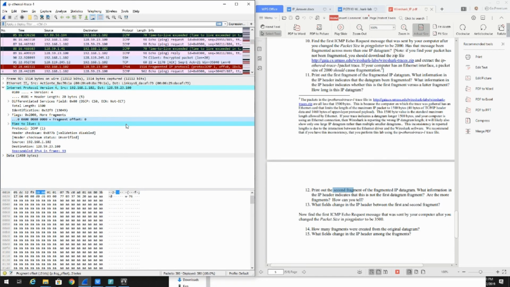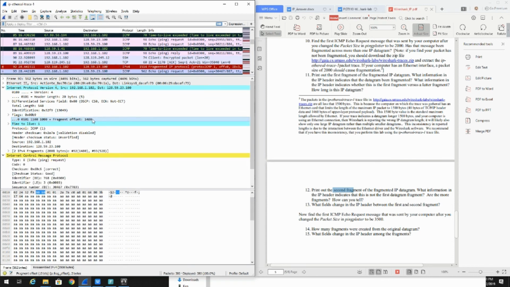For the first fragment, the fragment offset will be 0 and for the second fragment it will be 1480. The reason the second fragment has no more fragments is that it no longer has the more fragments flag set.